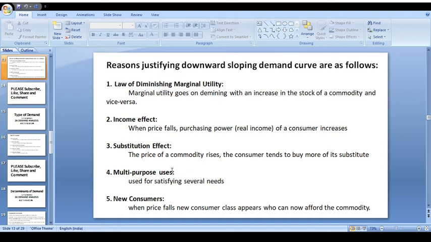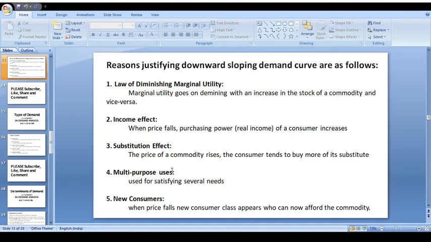Hence, the demand curve is downward sloping.